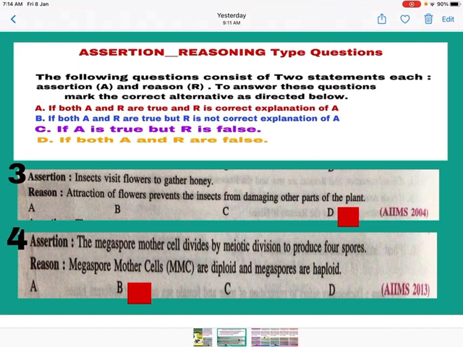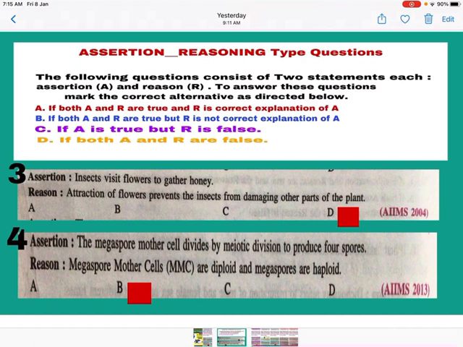Assertion: The megaspore mother cells divide by meiotic division to produce 4 spores. This is the correct statement. Now see the reason: Megaspore mother cells are diploid. Yes, they are diploid having 2n number of chromosomes. And megaspores are haploid. Yes, they are haploid. They have got n number of chromosomes. This is the correct statement but not the correct explanation. तो correct explanation क्या है assertion का?